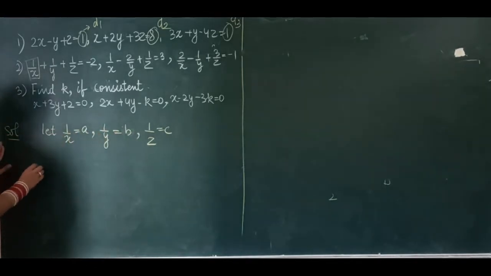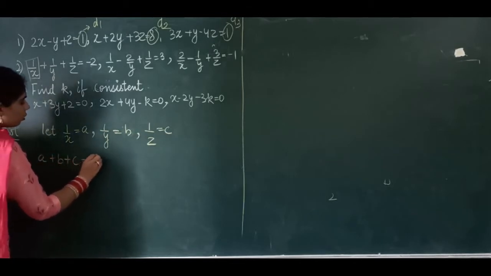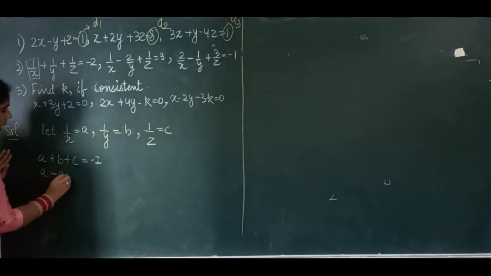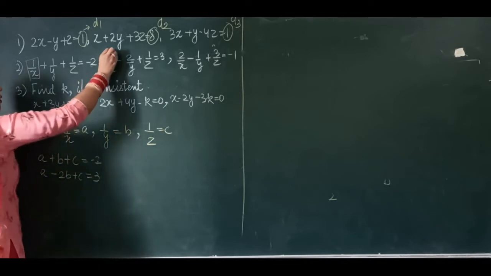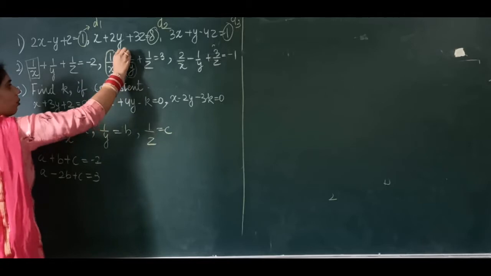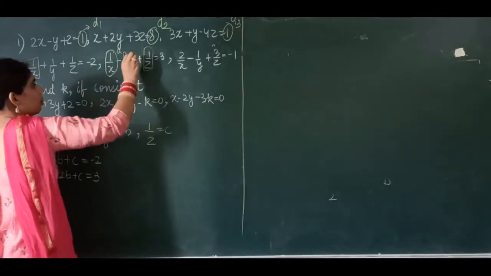So the equations will become a plus b plus c equals minus 2, a minus 2b plus c equals 3. 1 by x becomes a, 1 upon y becomes b, and 1 upon z will be c.